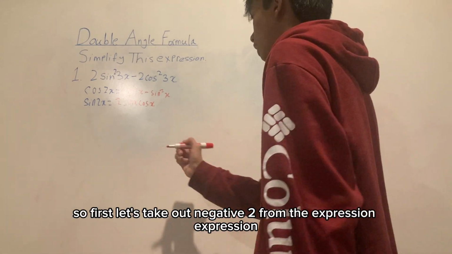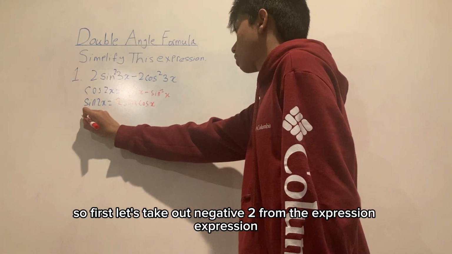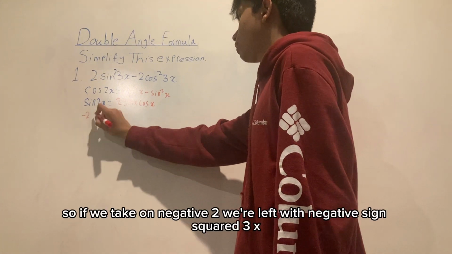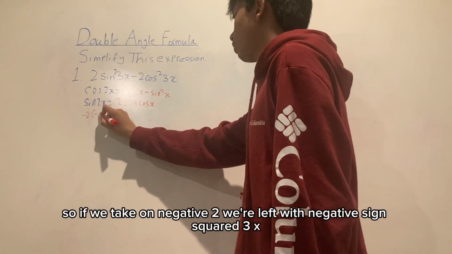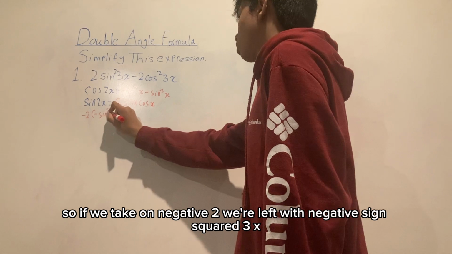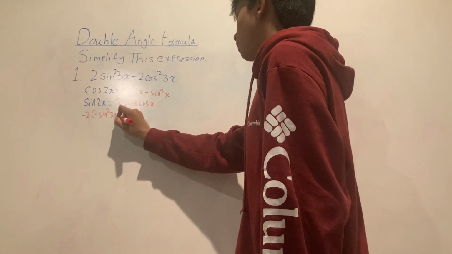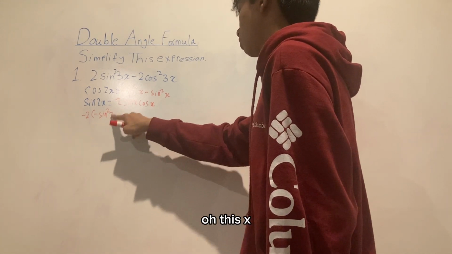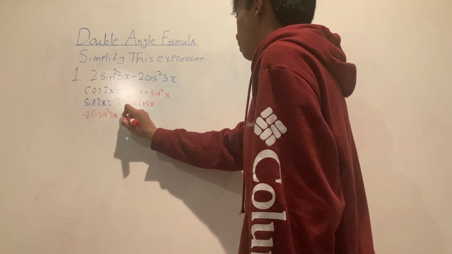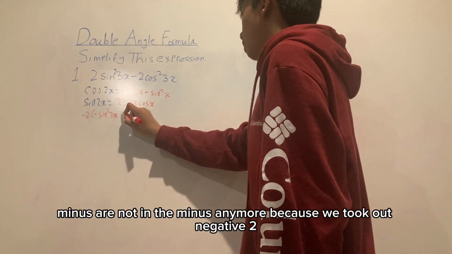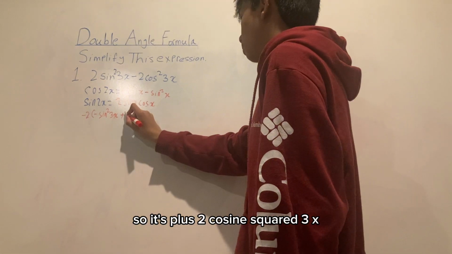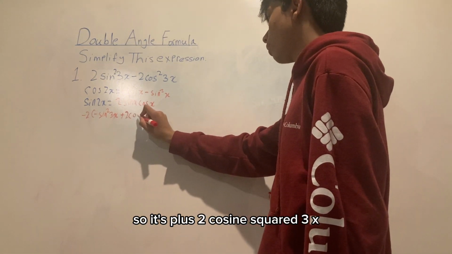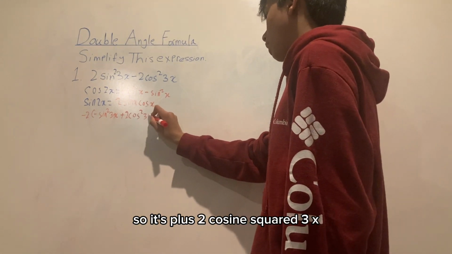Okay, so now let's simplify this expression. First, let's take out negative 2 from the expression. If we take out negative 2, we're left with negative sine squared 3x, oh, that's x, and it's not minus anymore because we took out negative 2, so it's plus 2 cosine squared 3x.